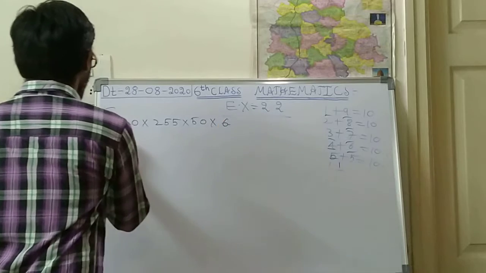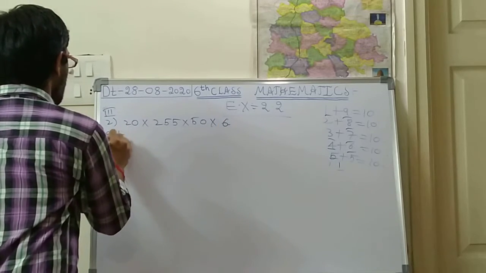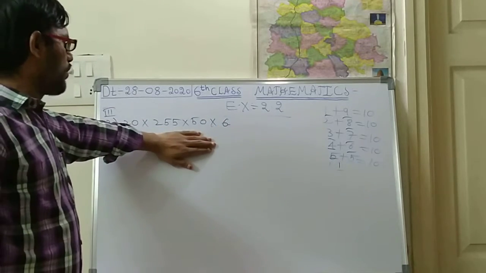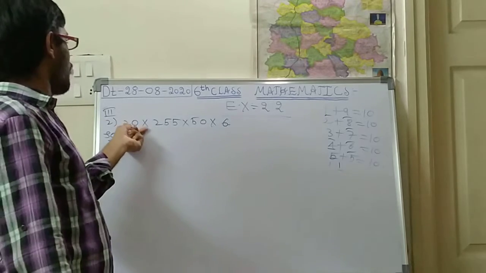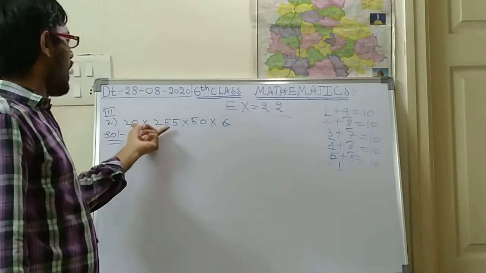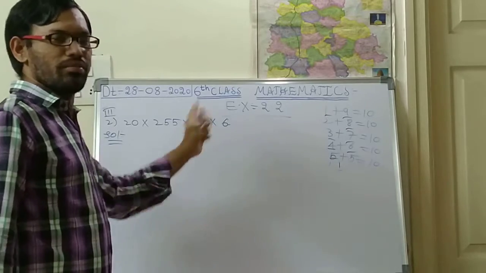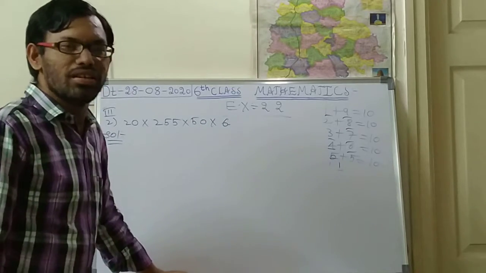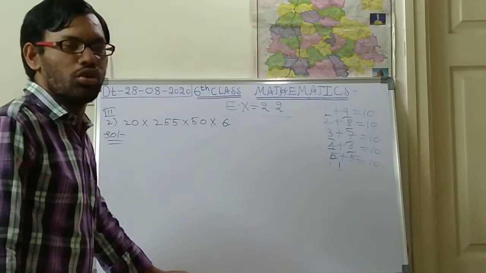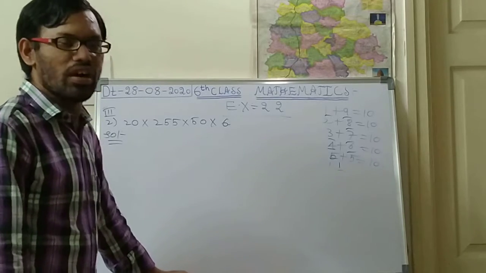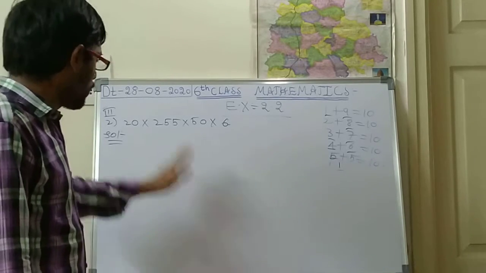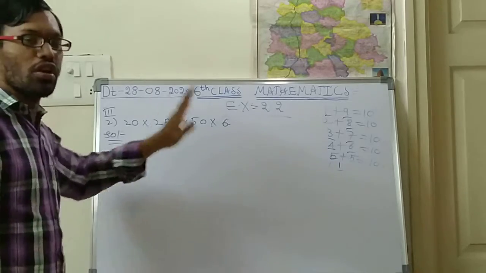So see, children, if you do it directly like this, first 20 into 255, again this result into 50, this result into 6, that will become very hard, not only for you, for everyone. Okay. So for this type of problems, how do you have to do it?